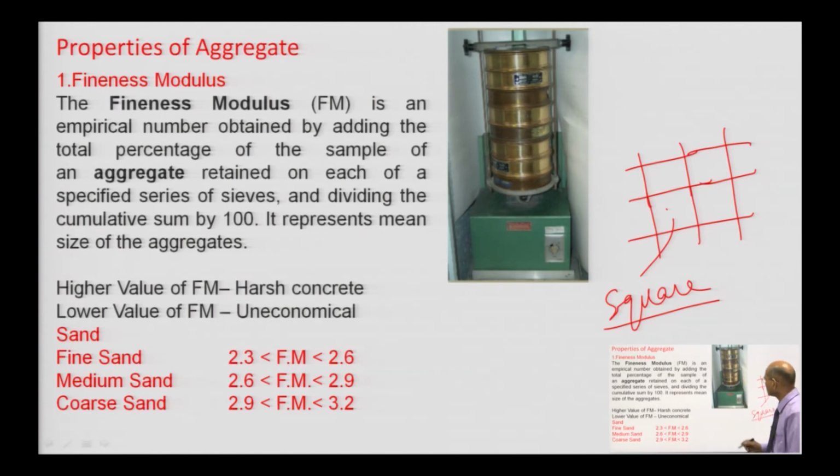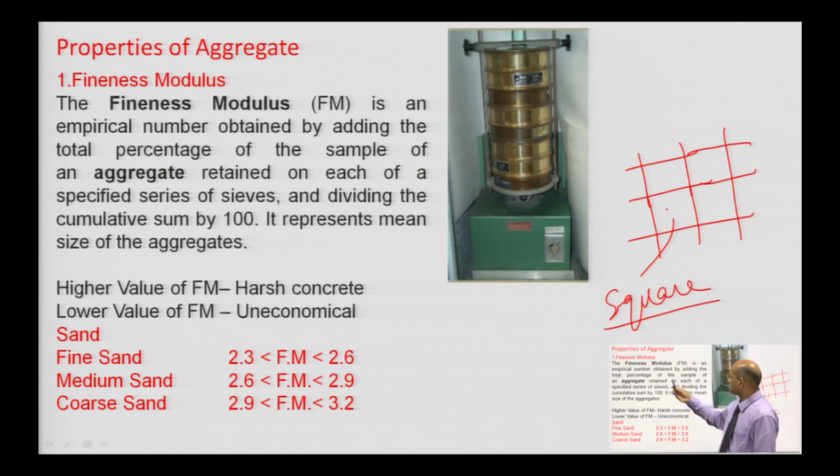This is a machine; you can do either hand sieving or mechanical sieving. You arrange the sieves, and then you sieve. After the sieving, the particles will be retained on each sieve, and you have to calculate the percentage.